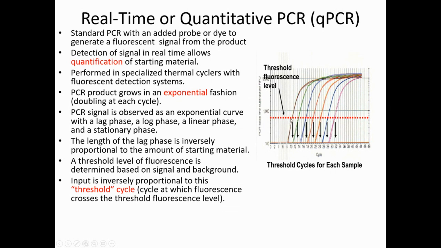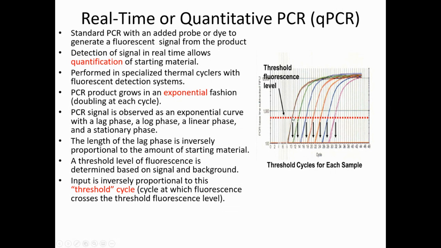During this process, you can see 7 different samples running in the qRT-PCR, and you see this red line here. That's the threshold cycle.